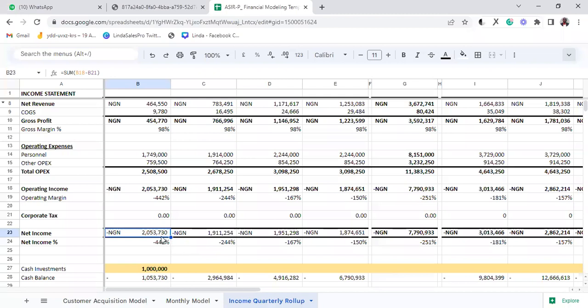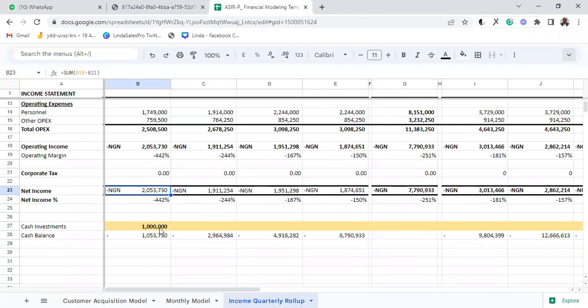Then the last thing I'm going to quickly explain will be where you have cash investment. So here, as you can see, you have minus here. So this cash investment is your assumed investment that you raise.